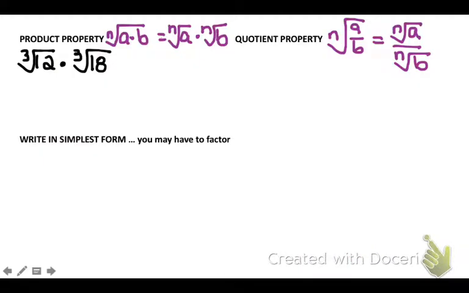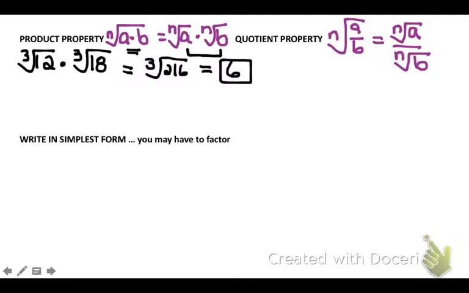Just like when we were working with plain old square roots, we know that we could multiply, in this instance, the a and b together, or sometimes we might need to factor what's underneath the radical. So let's try one. We notice that each radical is a cube, so we're going to go ahead and multiply 12 times 18, and we end up getting 216 under the radical sign, and 6 times 6 times 6 would be the cube root.